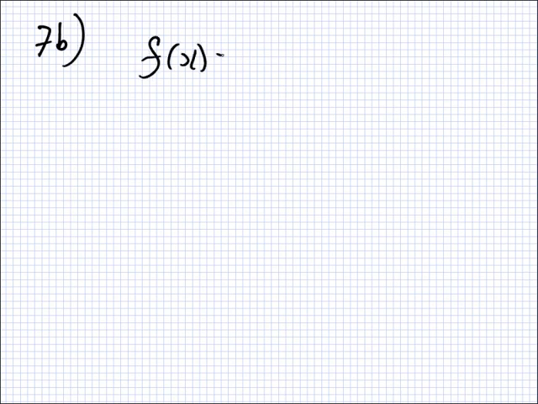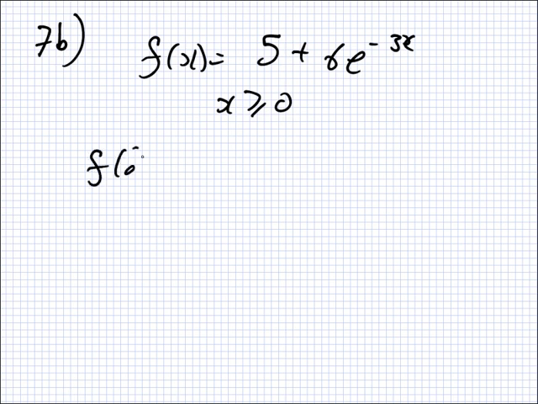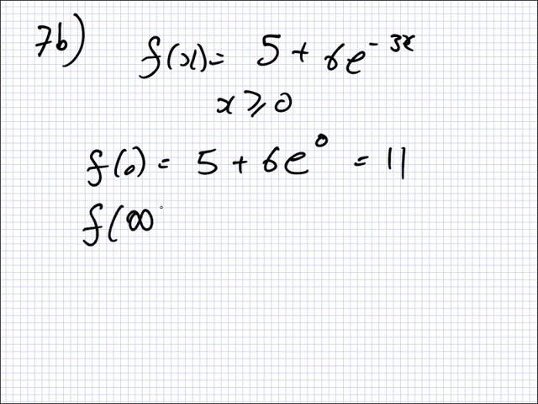f(x) equals 5 plus 6e to the minus 3x and x is more than or equal to 0. So if x was 0, you would get 5 plus 6e to the 0, which is 11. What happens if x goes to infinity? You would get 5 plus 6e to the minus infinity.